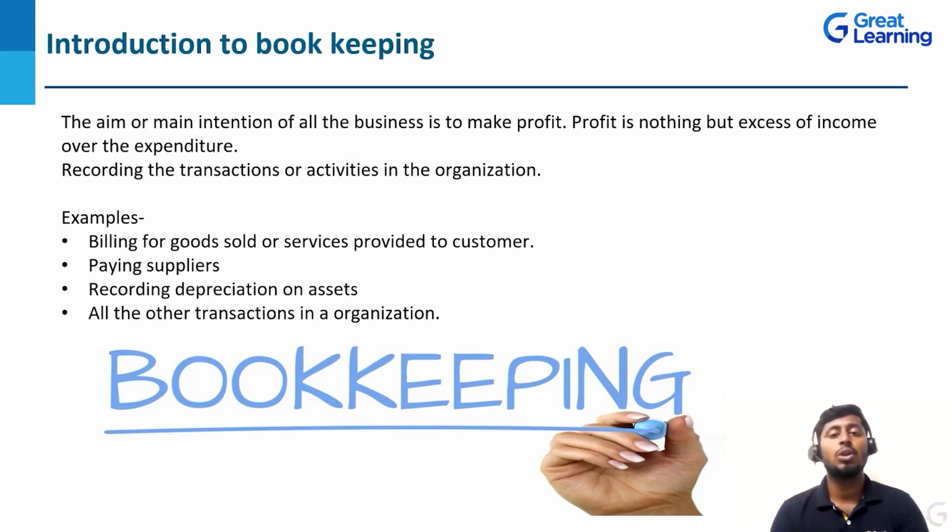Within the organization only, the transaction will be there, so that is also we need to record. Not only cash flow or fund flow, but all the day-to-day operating activities done in the organization need to be recorded in bookkeeping.